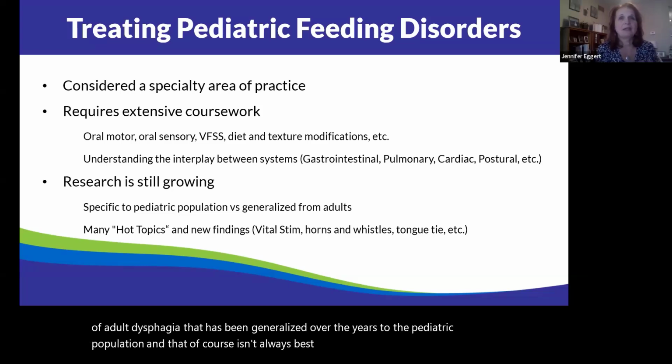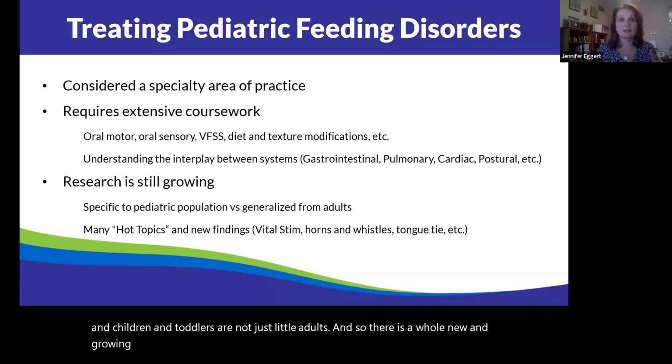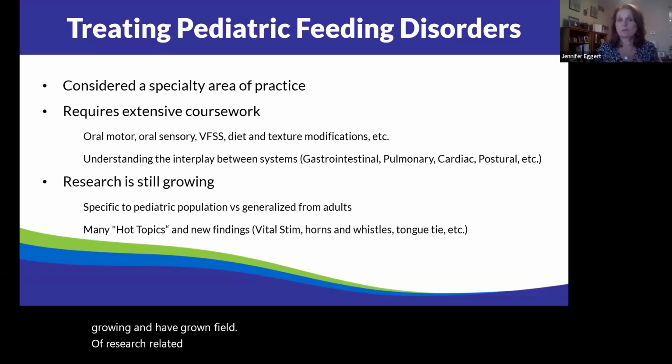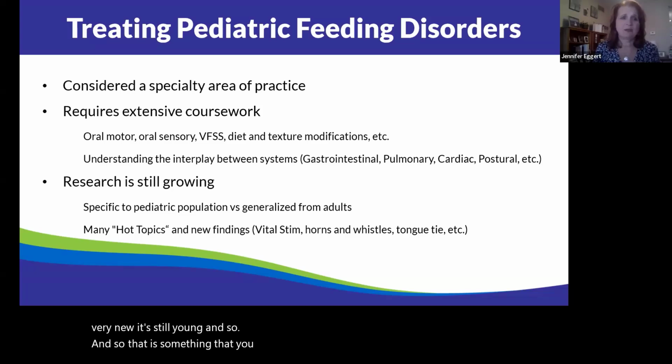We know now that infants and children and toddlers are not just little adults. And so there is a whole new and growing field of research specific to the pediatric population. But really that field is very new. It's still young. And so that is something that we need to be transparent about.